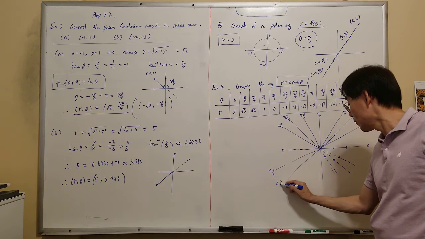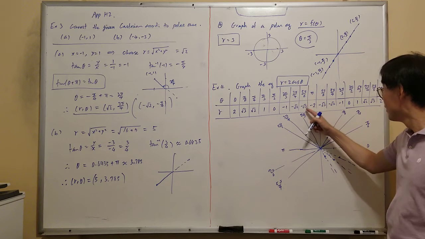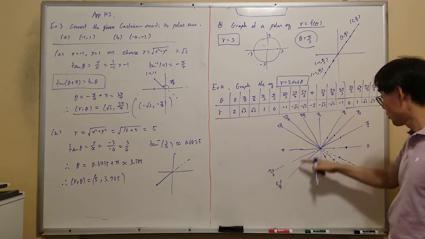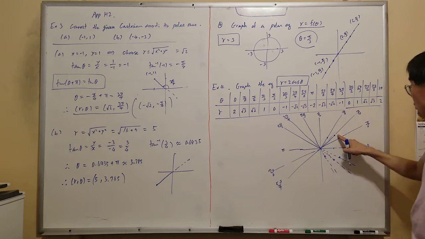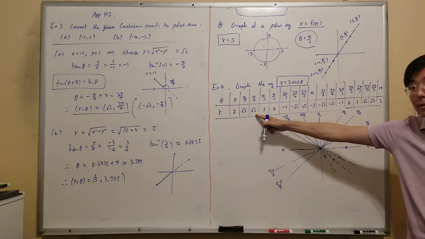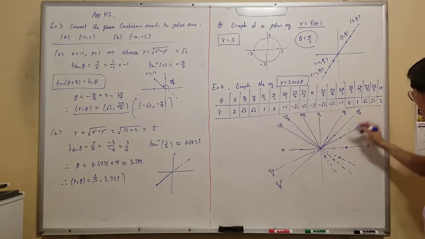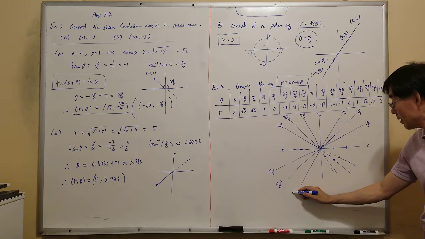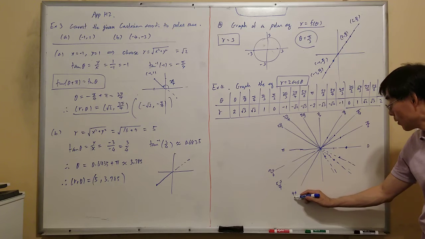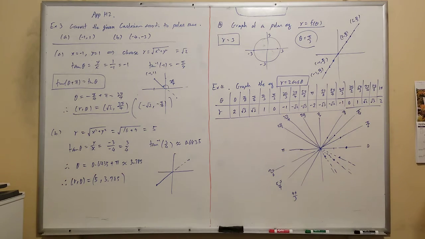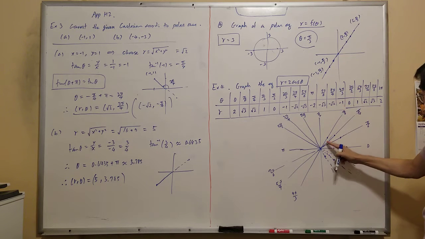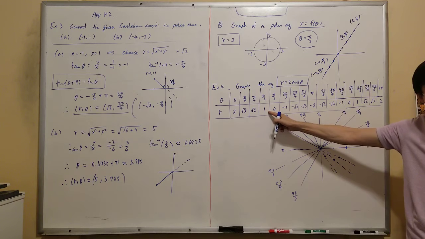At 5 pi over 4, minus square root of 2, so the other side of square root of 2. It's the same thing as this, right? And over here, this is what? 4 pi over 3, right? Minus 1, opposite side 1, same as this.